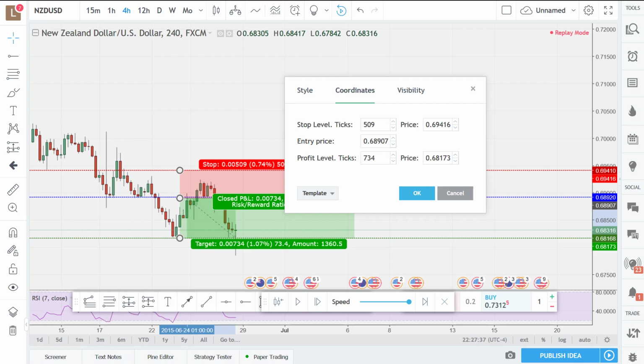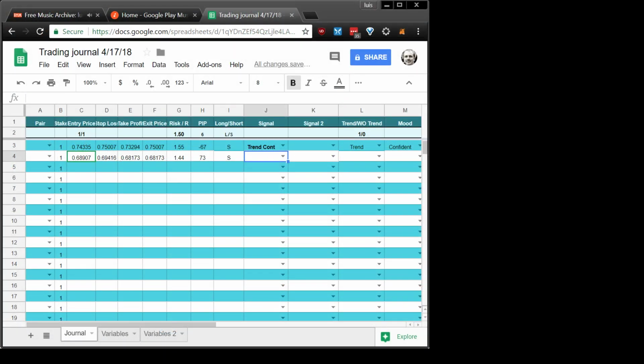So let me show you. So this is a spreadsheet that I'm using. See, so I put the entry price here, the stop loss here.